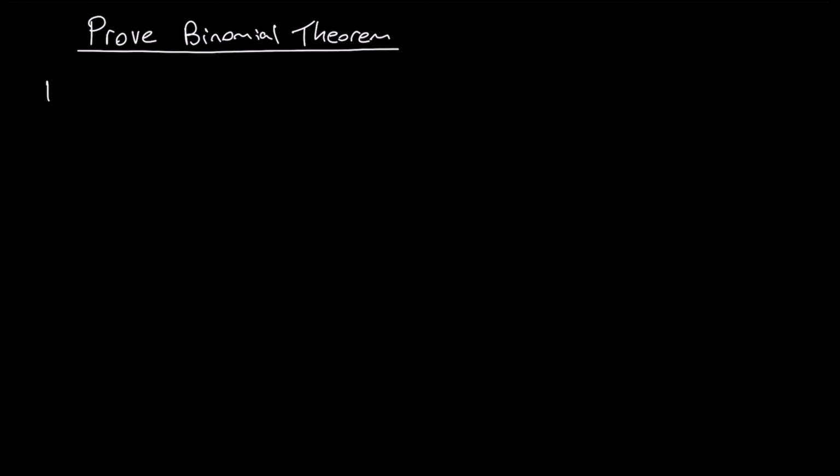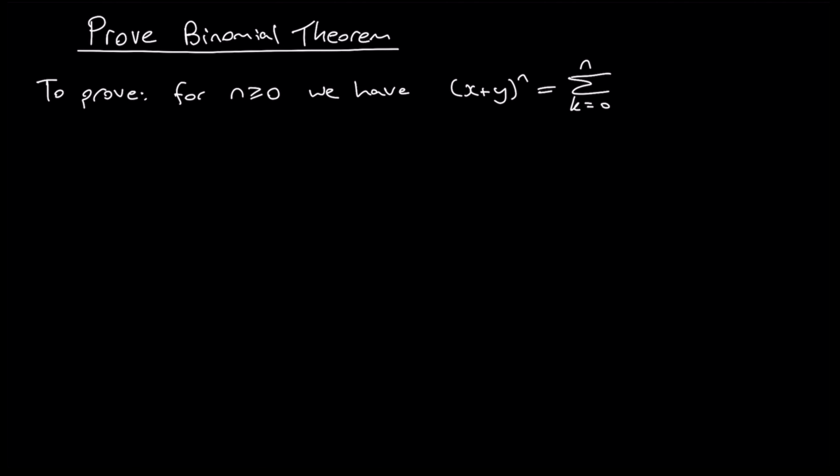So what do we actually want to prove? The thing we want to prove is that for all natural numbers n, (x plus y) to the n is the same thing as this sigma notation: the sum of n choose k, x to the n minus k, y to the k.